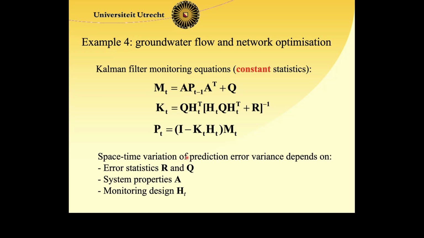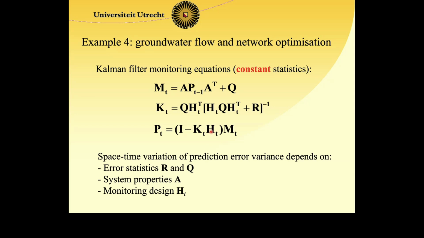And you can see that because Q, A, and R are constant, to calculate the prediction error covariance matrices, M and P, you don't need the actual value of the state. You don't need to know what the actual values of the observations are going to be.